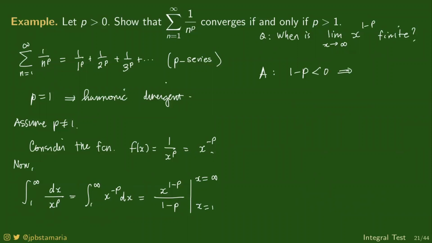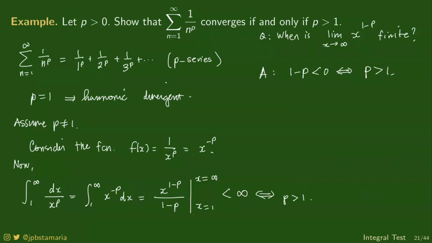Correct. And when 1 minus p is negative, what is the value of p? That is equivalent to saying that p is greater than 1. Therefore, this will converge if and only if p is greater than 1.